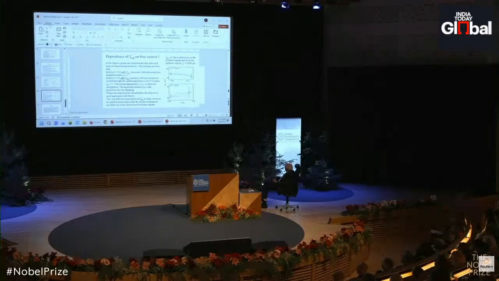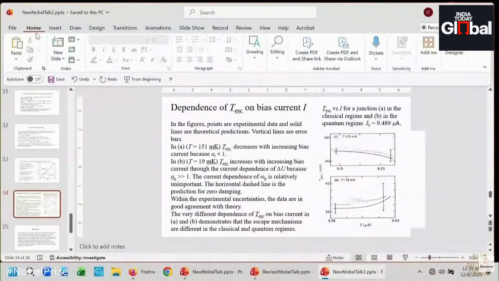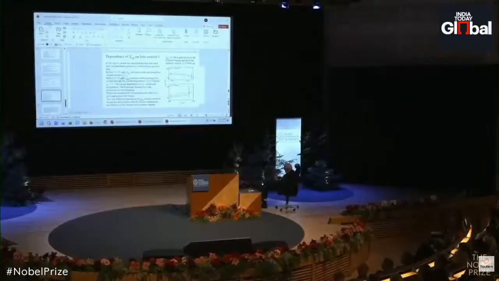The lower plot shows the result at much lower temperatures. And what you see here is that T escape increases as you increase the bias current. Within the experimental uncertainties, the data are in good agreement with the theory. The very different dependence of T escape on the bias current in A and B demonstrates that the escape mechanisms are different in the classical and quantum regimes.